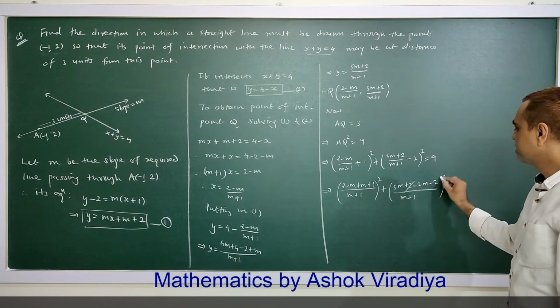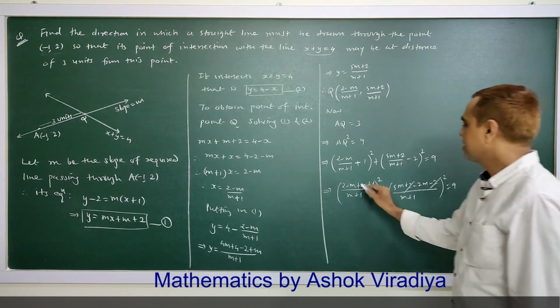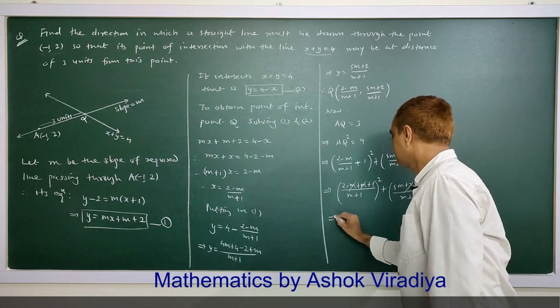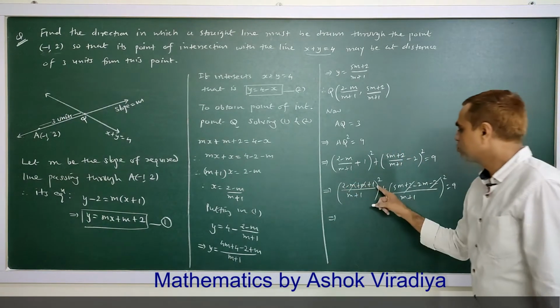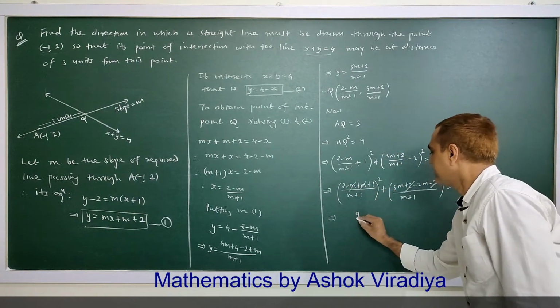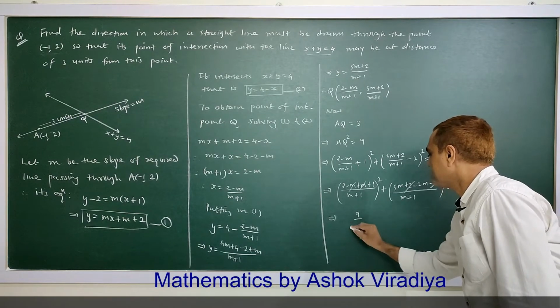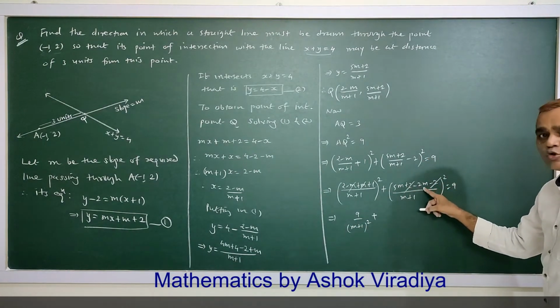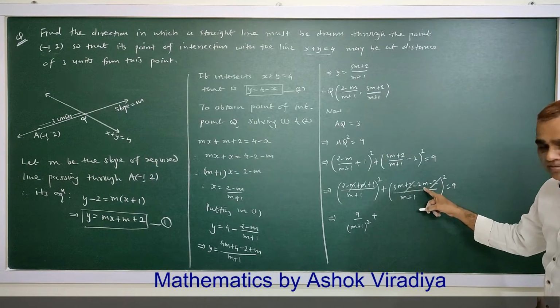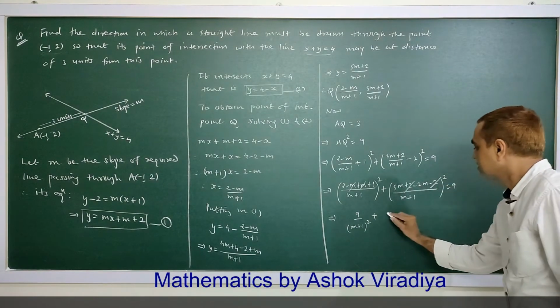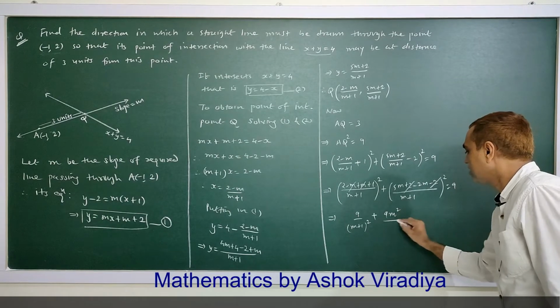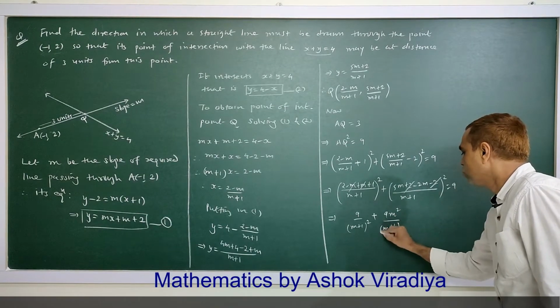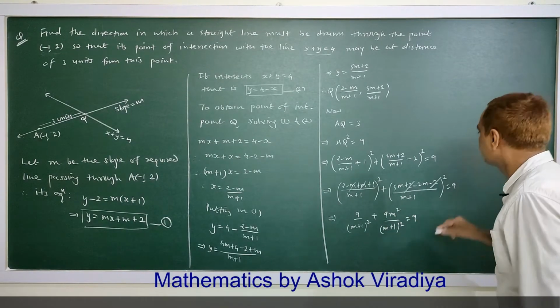Here the m terms cancel, so 2 plus 1 is 3, and 3 square is 9. So 9 by (m plus 1) whole square plus, here 5m minus 2m is 3m, so 3m square is 9m square upon (m plus 1) whole square, equal to 9.